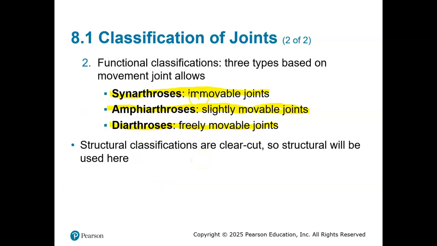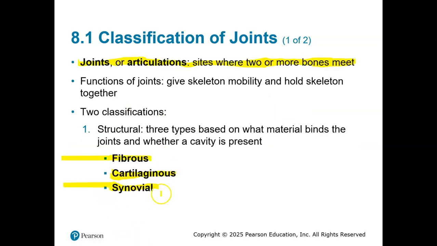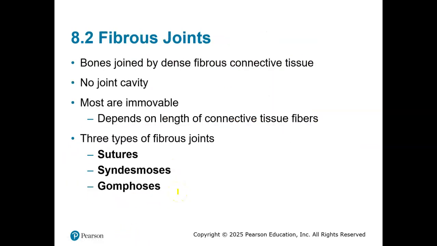So you could have fibrous and cartilaginous examples of synarthroses, and you can also have fibrous and cartilaginous examples of amphiarthroses. But the diarthroses are only going to be the synovial joints, and those are the joints you're going to be the most familiar with.